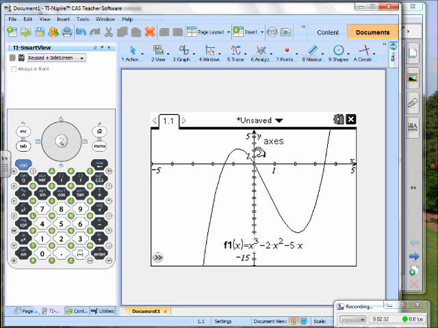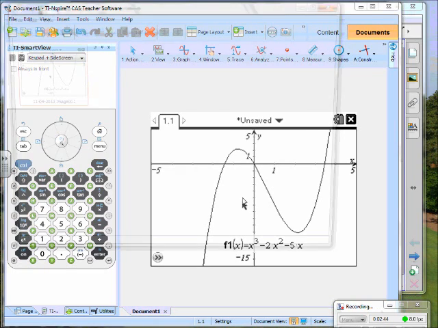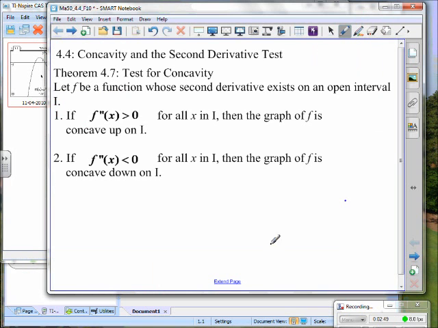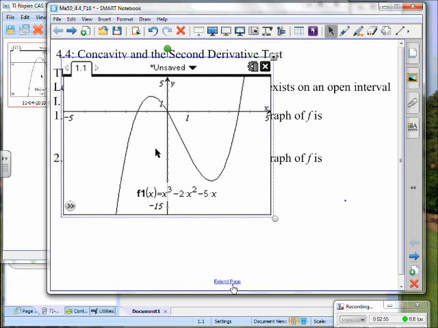We need to know where the dips and the valleys and the hills and the mountains, and the increasing and decreasing and all that stuff. Those are what we would consider to be interesting pieces. So I'm going to capture that, and I'm just going to insert that so we can do some other stuff with it here.